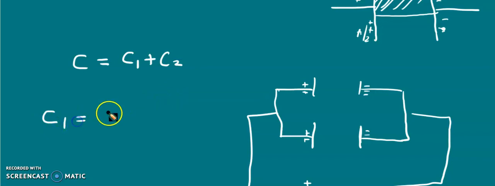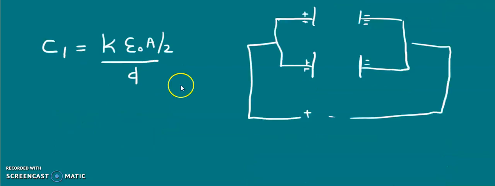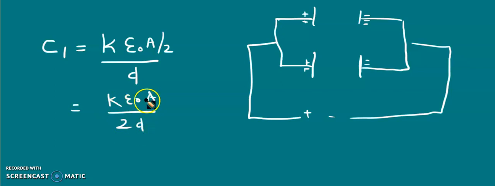C1 is the capacitor filled with the dielectric medium, so we multiply by the dielectric constant K. K epsilon 0, and instead of A, we have an area A by 2, divided by D. So this is equal to K epsilon 0 A divided by 2D. But we know that epsilon 0 A by D is C0. So it is K by 2 into C0.